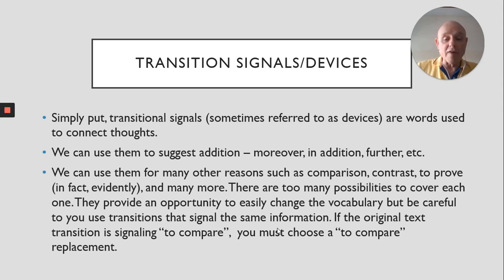When we use in fact, evidently, those are to prove, and many more, too many to cover in this taping. But they provide an opportunity to easily change vocabulary, but you have to be careful to use transitions that signal the same information. If the original text's transition is signaling to compare, you must choose a compare replacement.